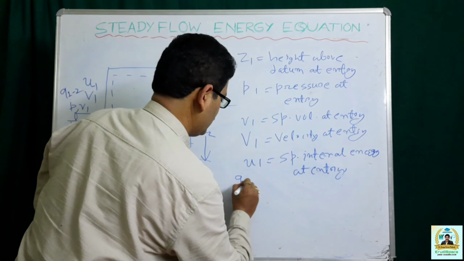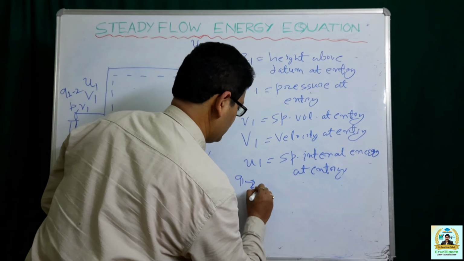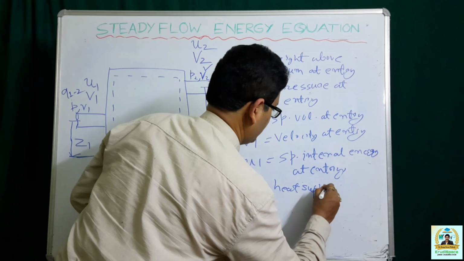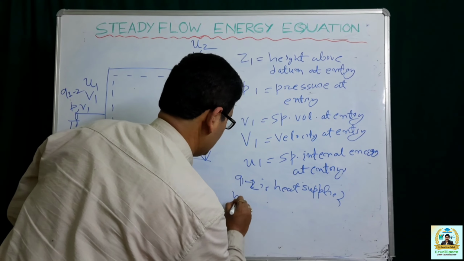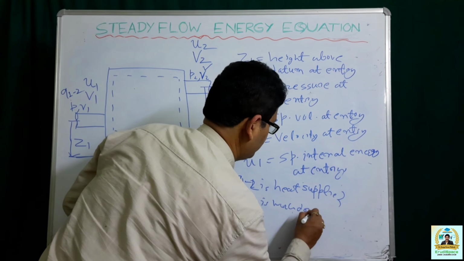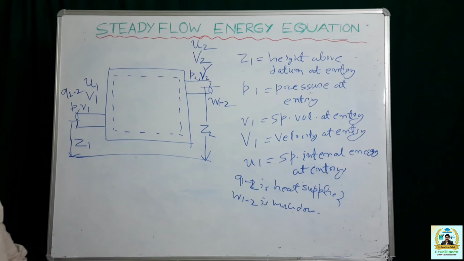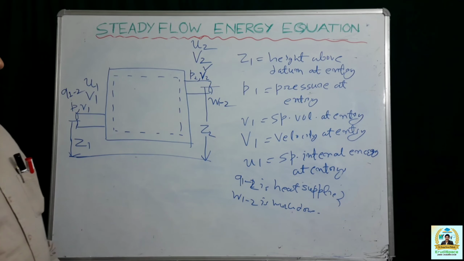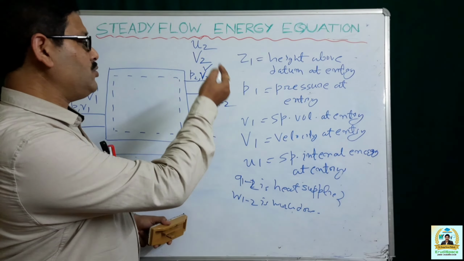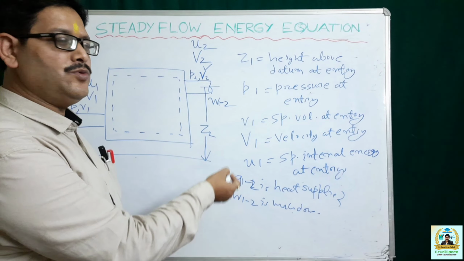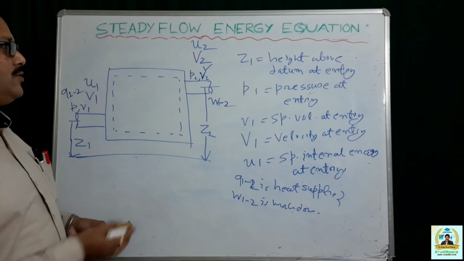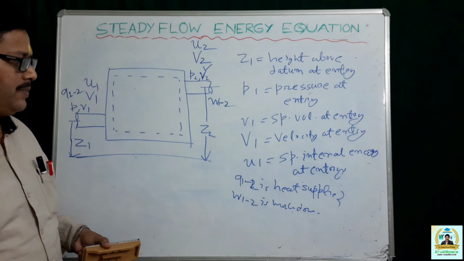Q12 is heat supplied and W12 is work done. Now I don't think there is any doubt about what we have chosen, and Z2, P2, small v2, capital V2, small u2 are the corresponding values at the exit point.